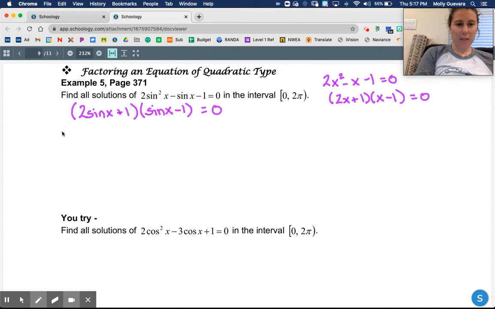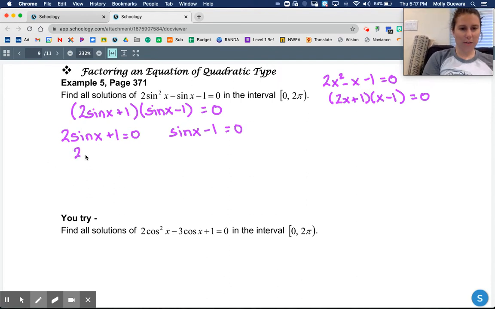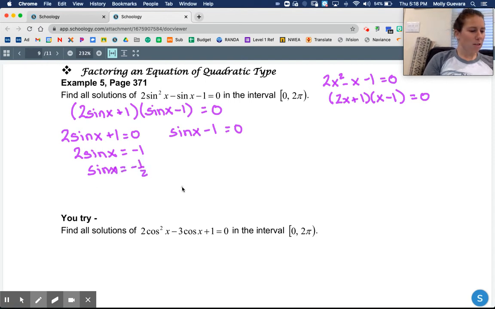Then I set each of these equal to 0. 2 sine of x plus 1 equals 0, and sine of x minus 1 equals 0. So I subtract 1 and divide by 2, which gives 2 sine of x equals negative 1, so sine of x equals negative 1/2.